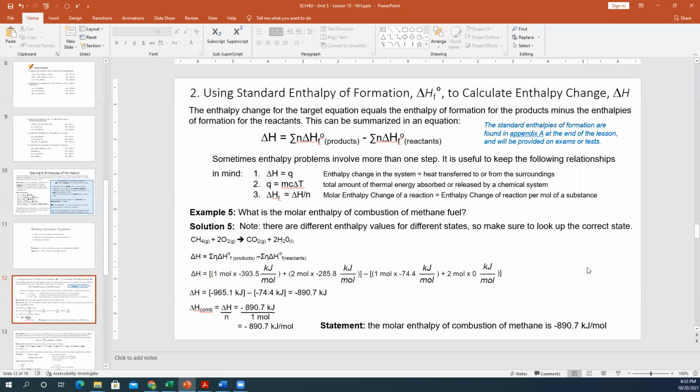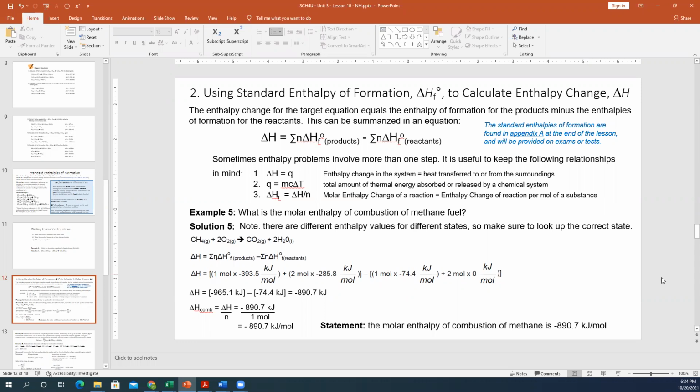What is the molar enthalpy of combustion of methane fuel? So methane, as you guys remember, would be CH4, and it's a gas, CH4 gas. And it's a combustion reaction, so you know it's got to be reacting with oxygen. And because it's a combustion reaction, we know from studying combustion reactions a couple of lessons ago that it goes completely into carbon dioxide and water.